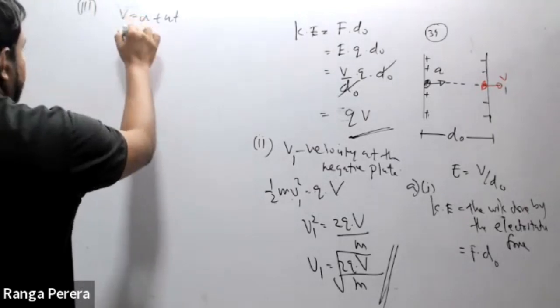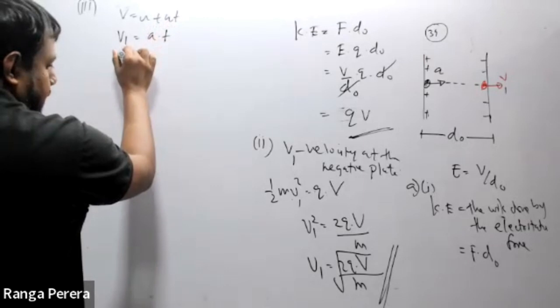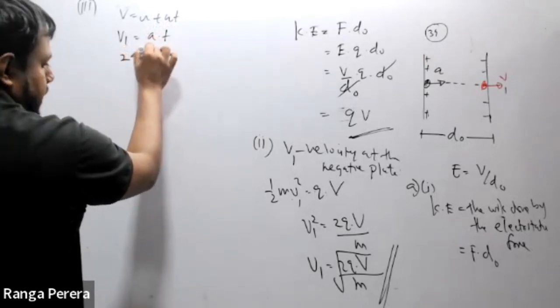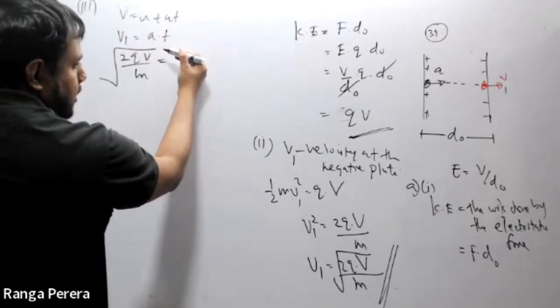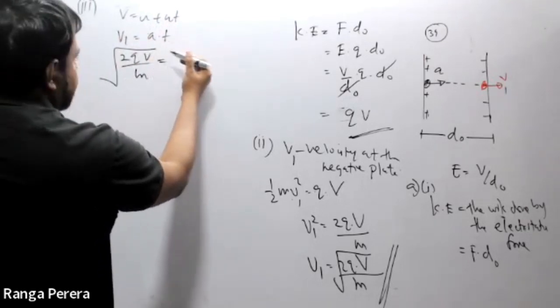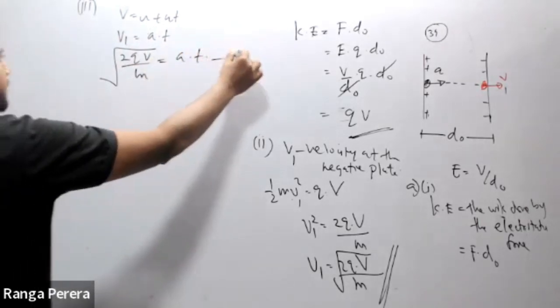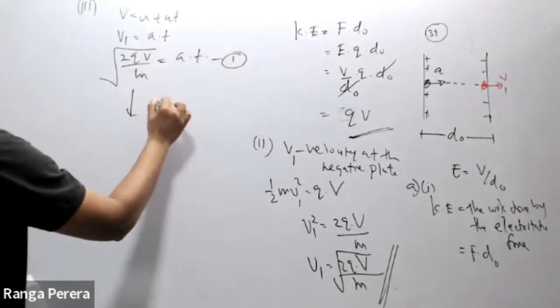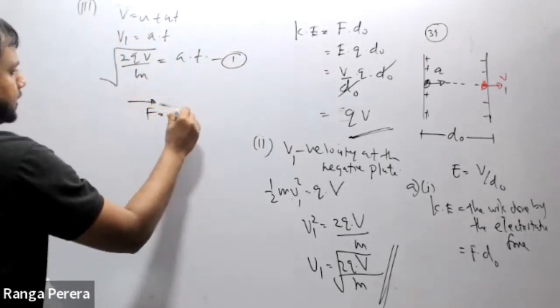V1 we calculated. Initially at rest, so V1 equals acceleration into time. V1 is the square root of 2qV divided by m. Acceleration, it is a into t. Let's say number 1. We can apply F equals ma horizontally to find the acceleration.